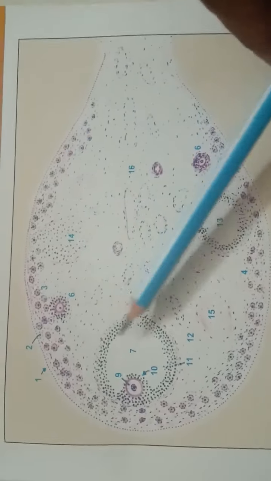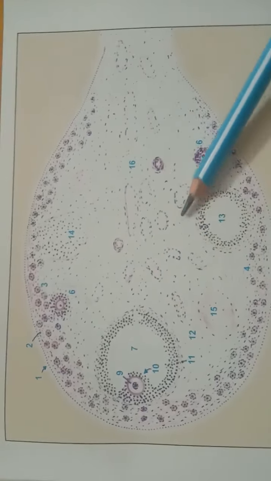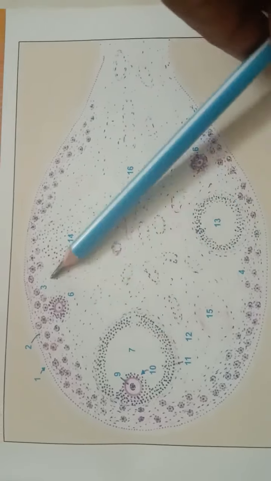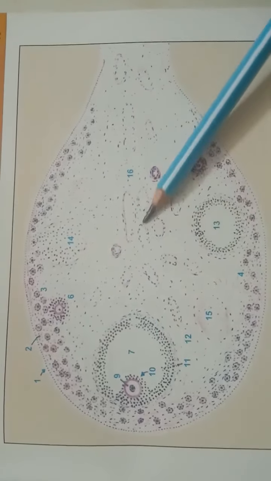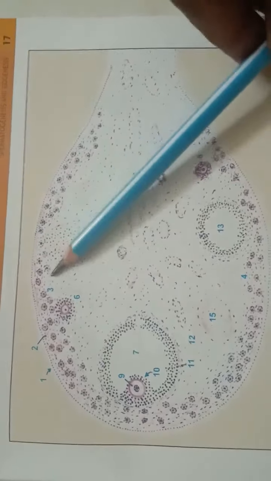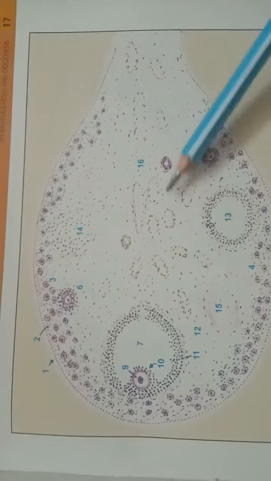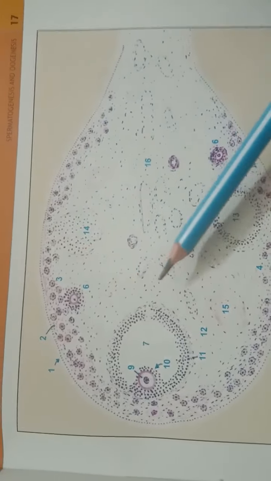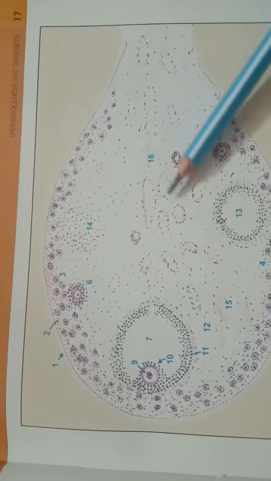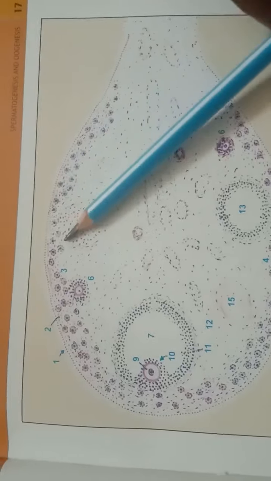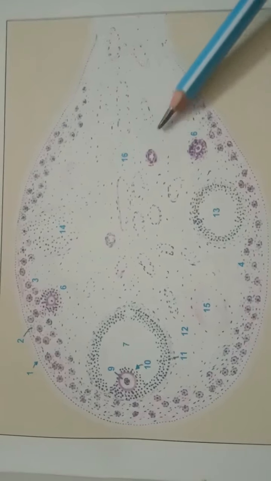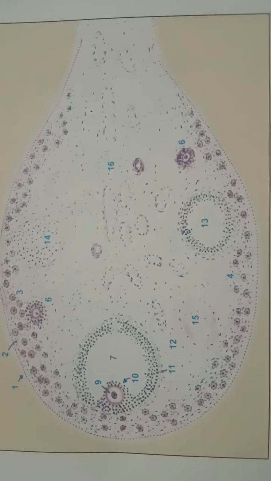The primary oocyte enters the prophase of the first meiotic division before birth, but the division is arrested and resumes only at puberty. After puberty, at each cycle, a few primary oocytes mature, and the first meiotic division is completed just before ovulation.